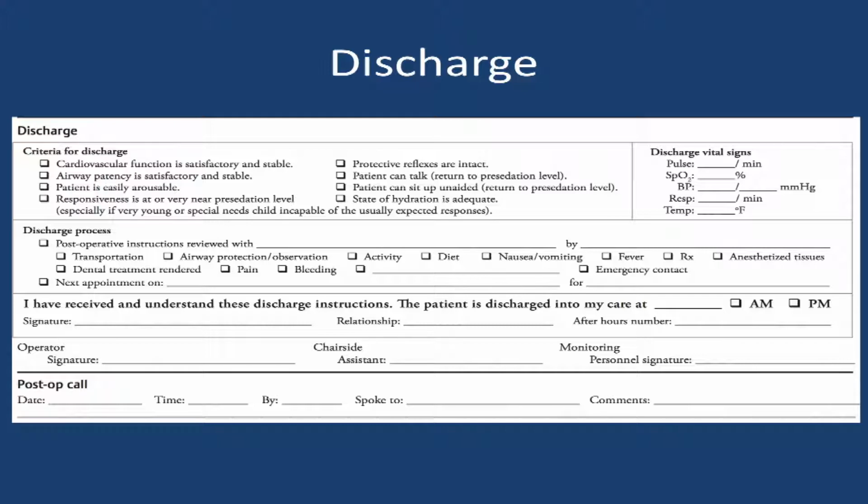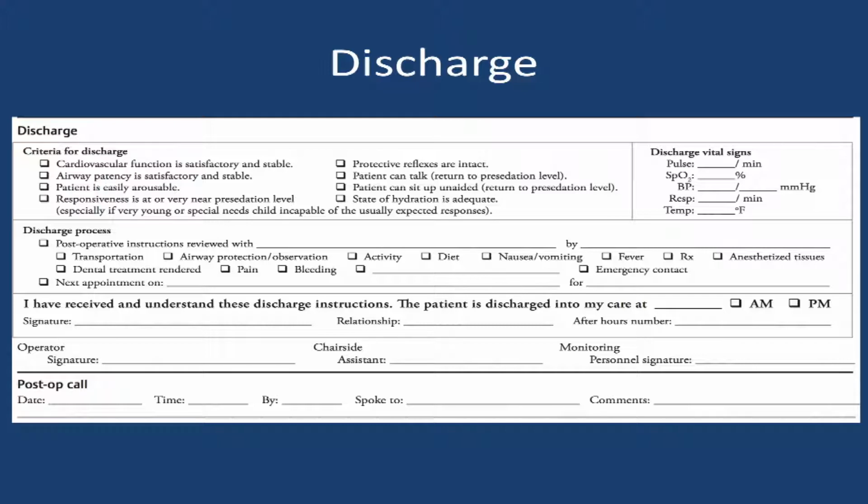Transportation arrangements have been made, airway protection in observation of the activity, diet, nausea and vomiting, any fever, any prescriptions that are going to be supplied for the patient, and the anesthetized tissues need to be addressed in the postoperative instructions to warn the parent not to allow the child to chew or scratch or bite on their lips, and the dental treatment rendered.